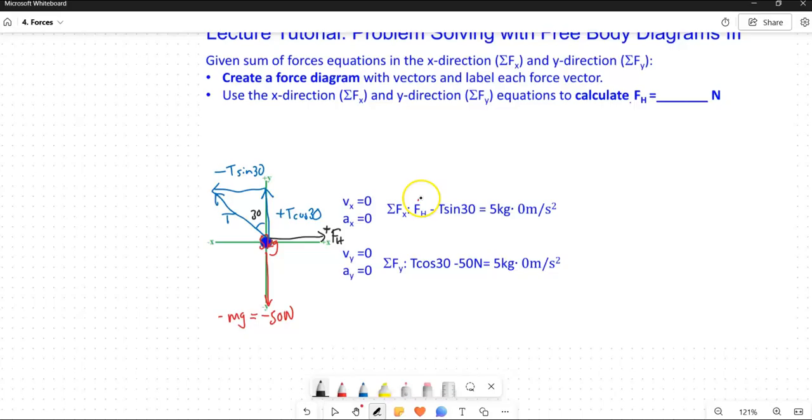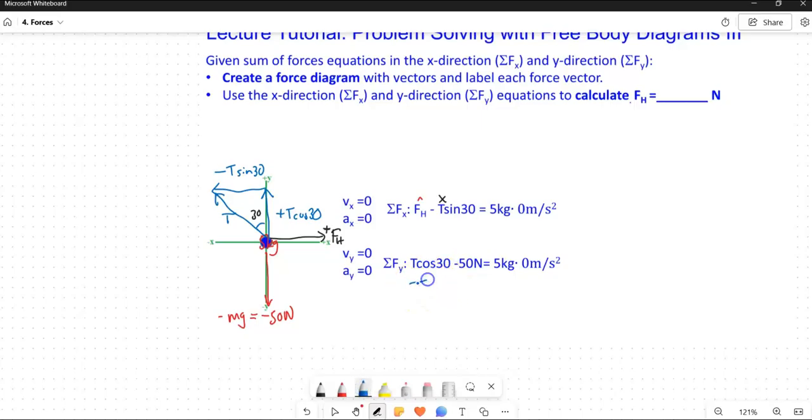Since we need to solve for F sub h and we don't know T, we need to eliminate this and solve T in terms of numbers. That way, when we have T in terms of numbers, we plug that T into here, and then we can solve for F sub h, and it'll be a numerical answer. So since our F sub h is here, and we also have the unknown here, we have to use the other equation to figure out what T is. Then we just plug it into here, and we're done. So let's solve for it.